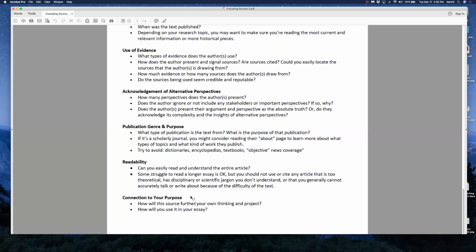You need to find more sources, evaluate them, and then narrow it down to the best one for what you're doing. So that is why research is a lot of work and time consuming, and it's hard.